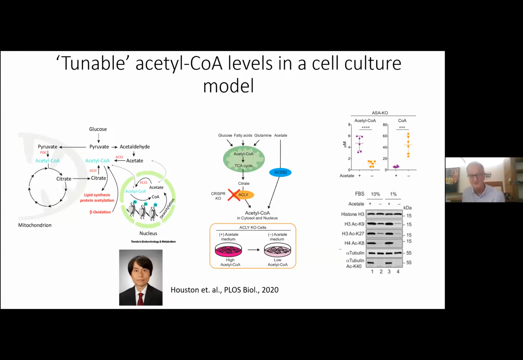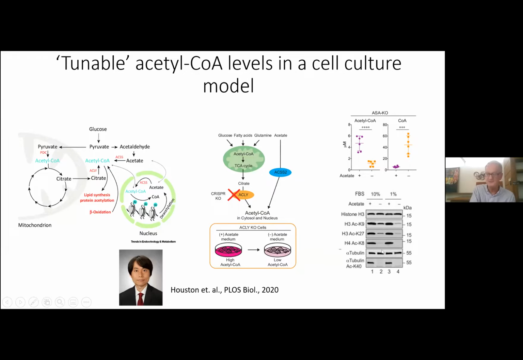And so if you removed acetate from these cells, they had a rapid fall in intracellular cytosolic acetyl-CoA levels. And so it became a way, just by growing cells in the presence of acetate and then removing it, one could rapidly deplete in a very specific way intracellular acetyl-CoA.